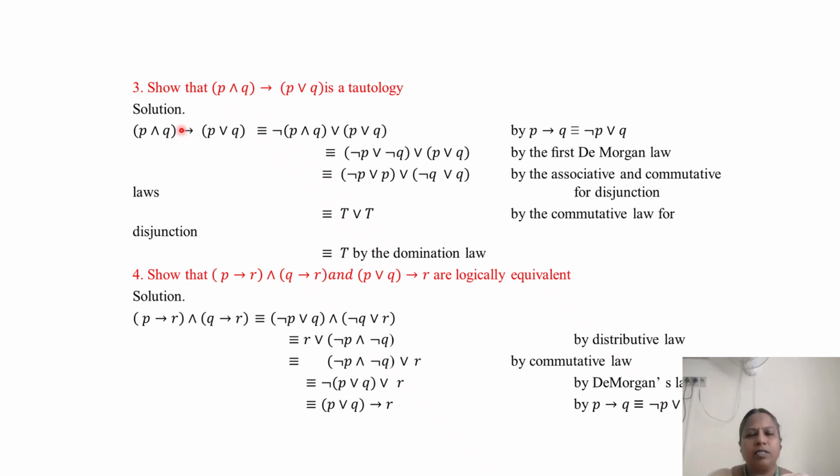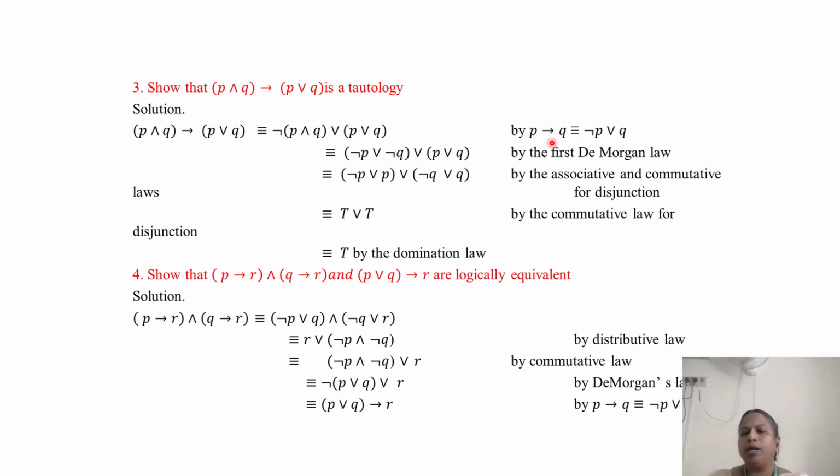Now the first thing in the equivalences is we have to first convert the biconditional statement if it is in the given statement. If not, next we go to the conditional statement. So we have to rewrite the conditional statement. Here we have P and Q, conditional P or Q. So we use this formula.